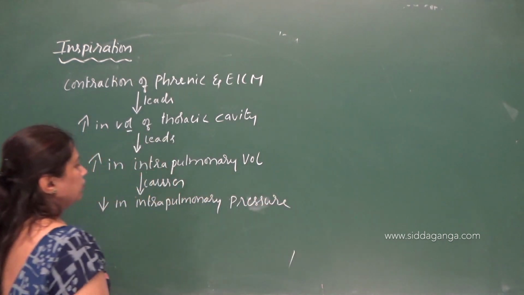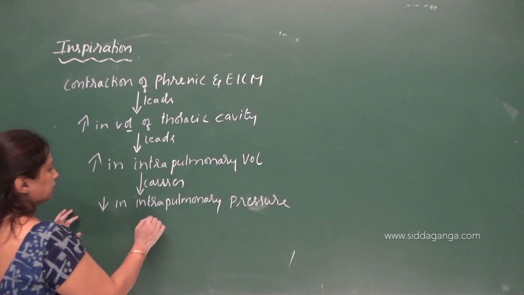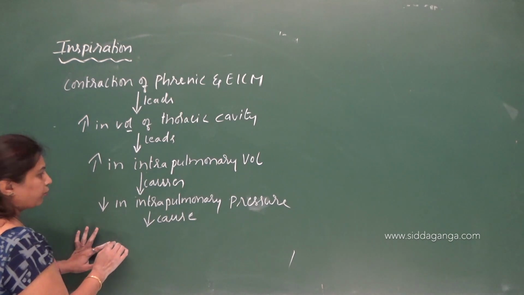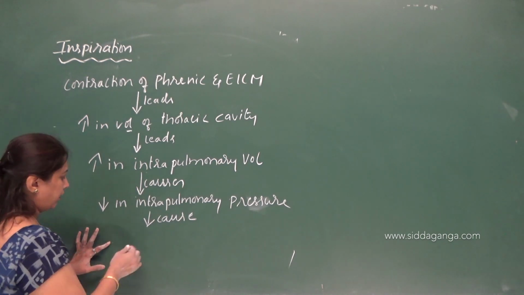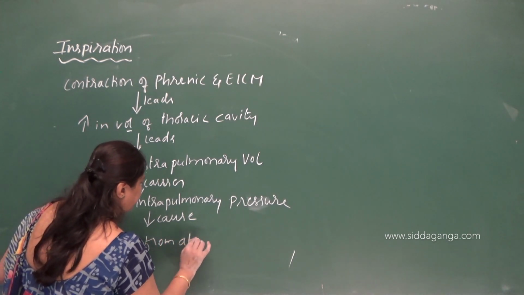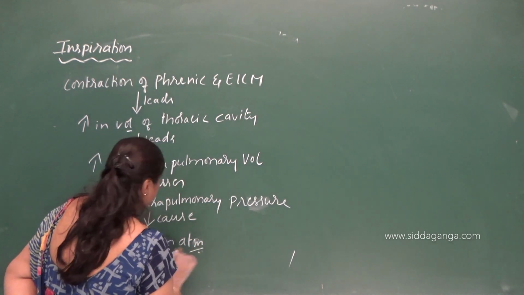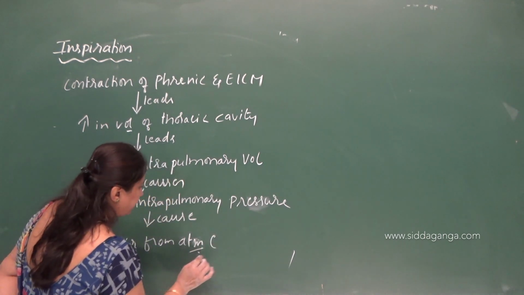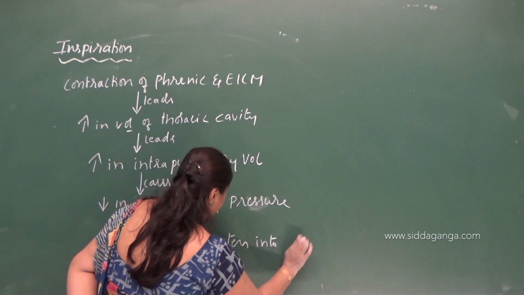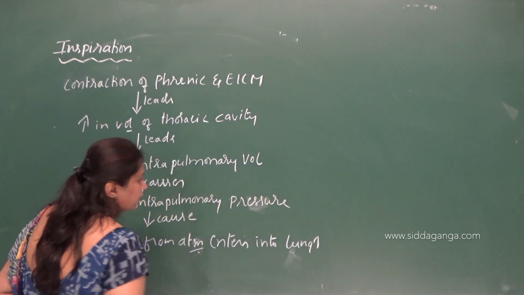So when the pressure inside the lungs decreases, it causes the atmospheric air to enter into the lungs. So the air from the atmosphere, that is from a region of higher pressure, enters into the lungs, to a region of its lower pressure.